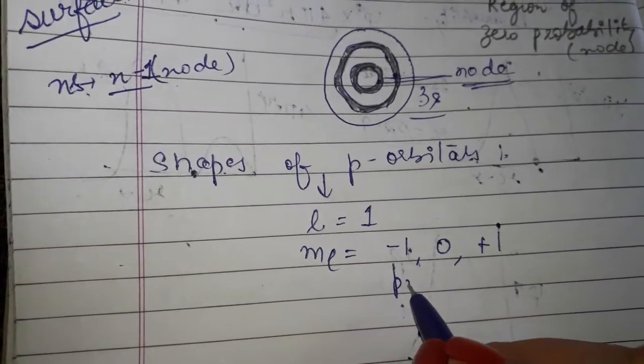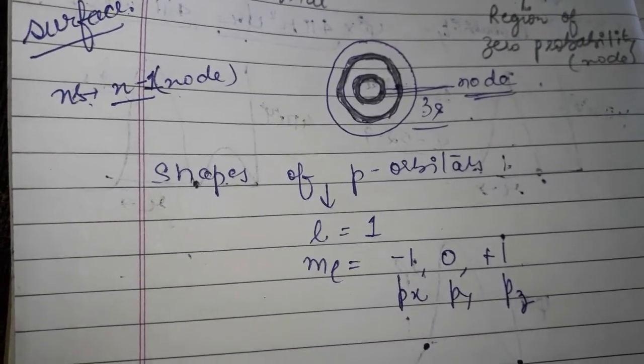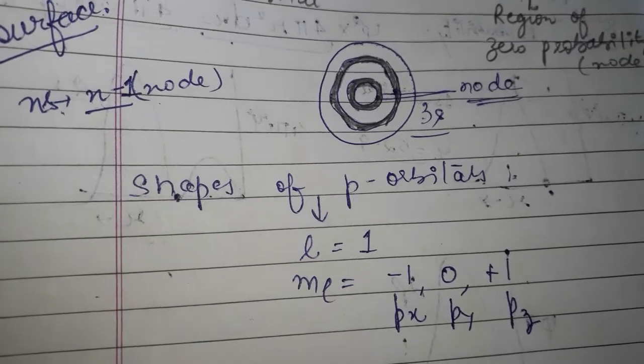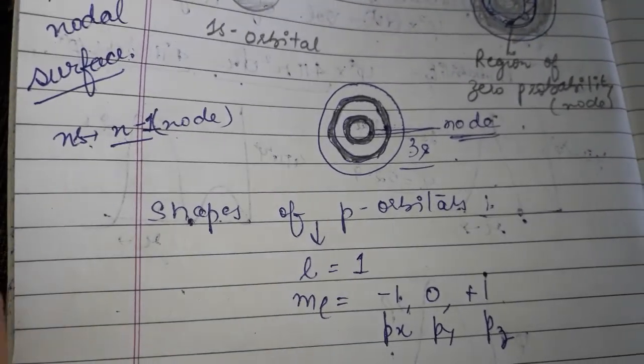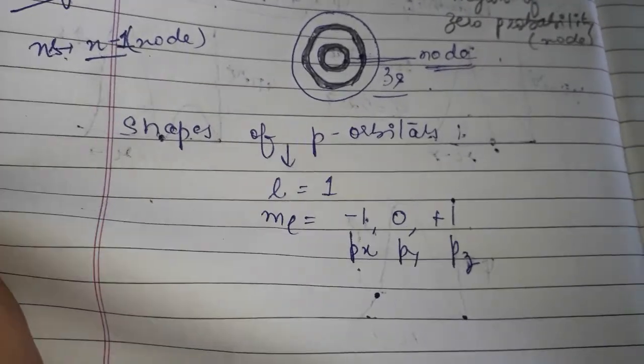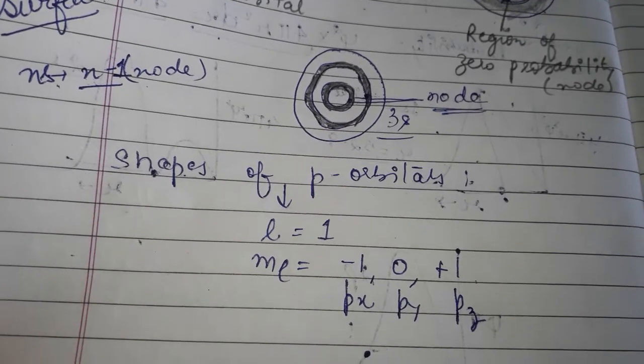You can say it as px, py, pz. Since the p orbital starts from the second shell, we can write it as 2px, 2py and 2pz. The three orbitals are equal in energy. That means these are degenerate orbitals, but their orientations are different.